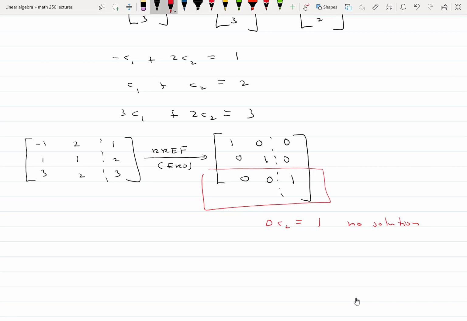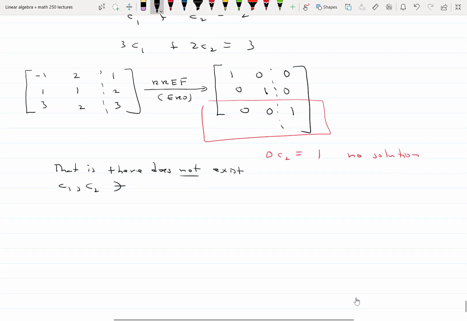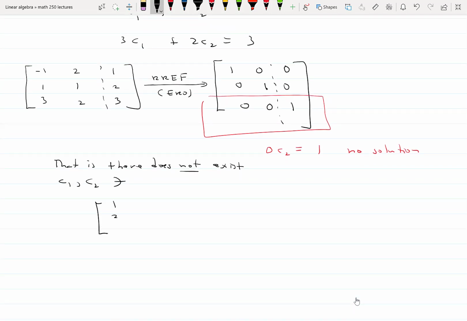That means there do not exist constants C1 and C2. Okay, this is very important. That is, there does not exist C1 and C2 such that 1, 2, 3 is C1 times the first vector plus C2 times the second vector.